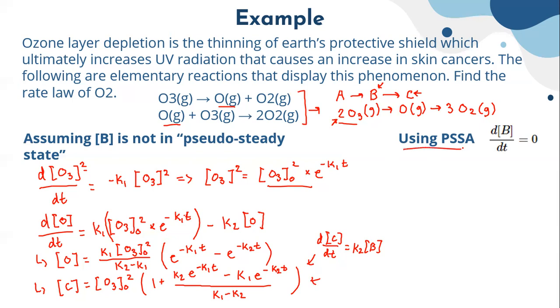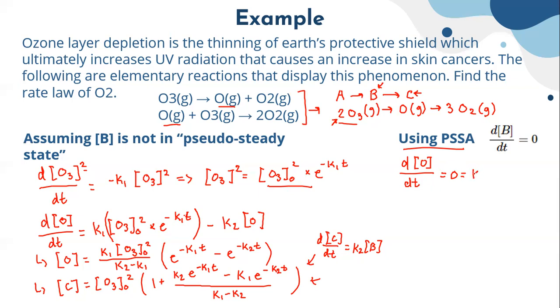But instead, if we use the PSSA method, it would be much easier. And so we're first assuming the following: the derivative of B, or in this case O, is equal to 0. And this, again, is equal to the following here.